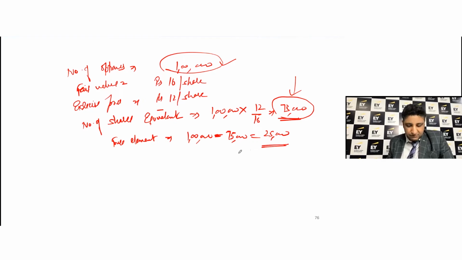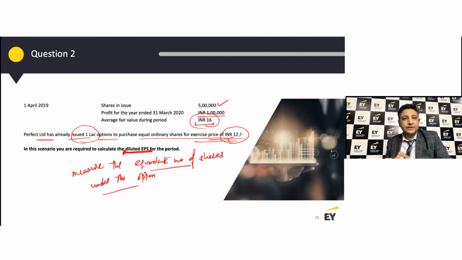Okay, so that is where you start looking at these as the number of shares issued for nil consideration, and accordingly you start looking at the dilution impact of this, right?